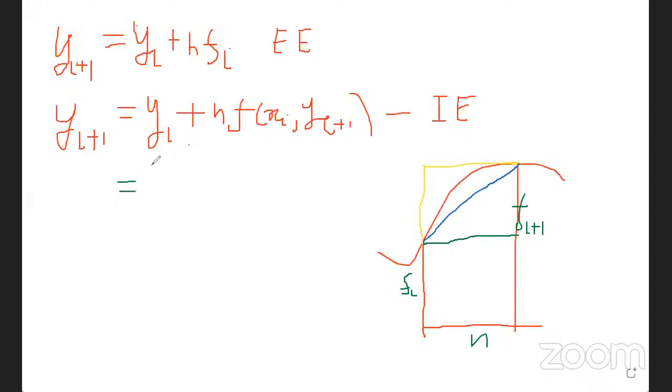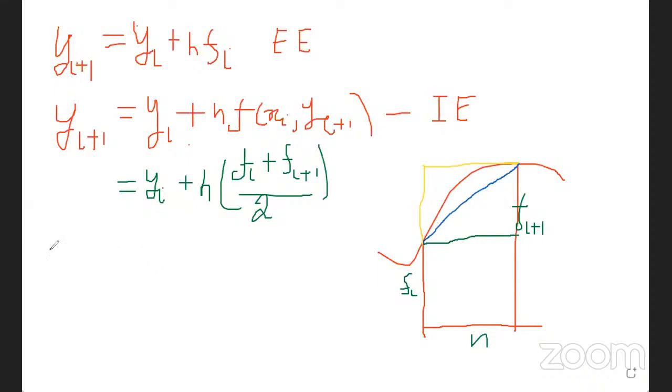Can anybody answer? h times the average of the parallel sides. The lengths of the parallel sides are f i and f i plus 1, so the average will be f i plus f i plus 1 divided by 2.